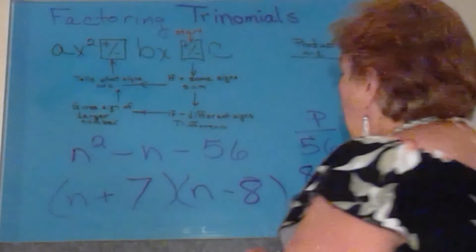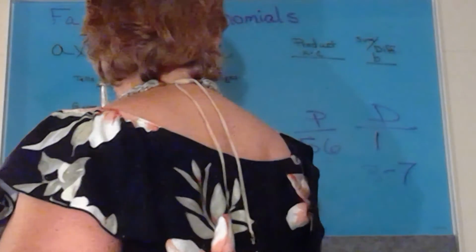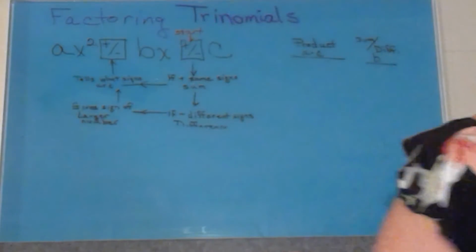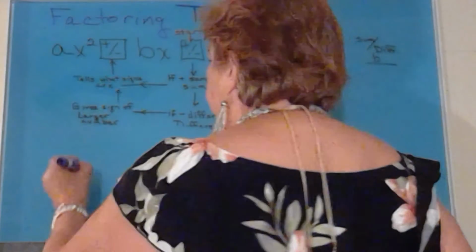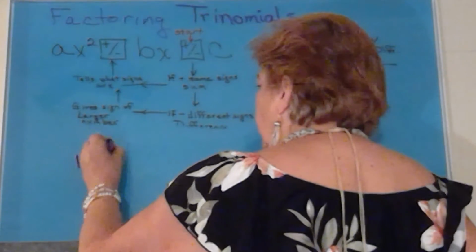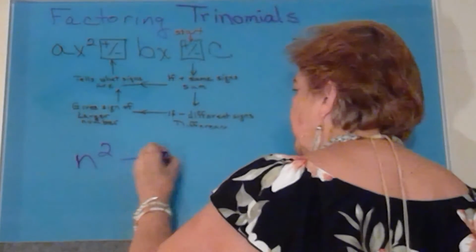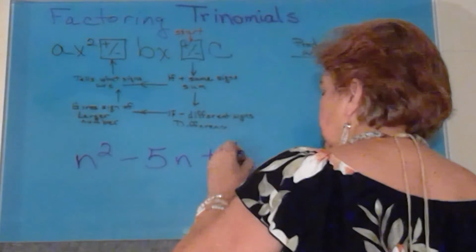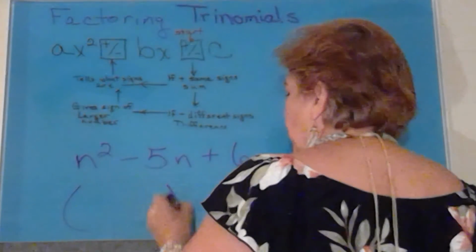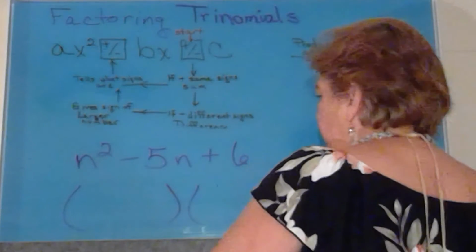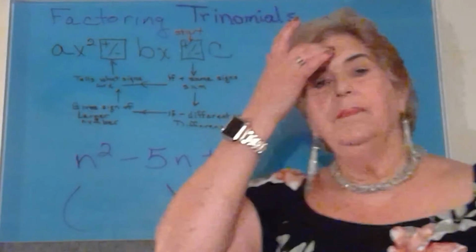I have one more problem that I want to work for this video. It is n squared minus 5n plus 6. Now, this shouldn't be too difficult of a problem.